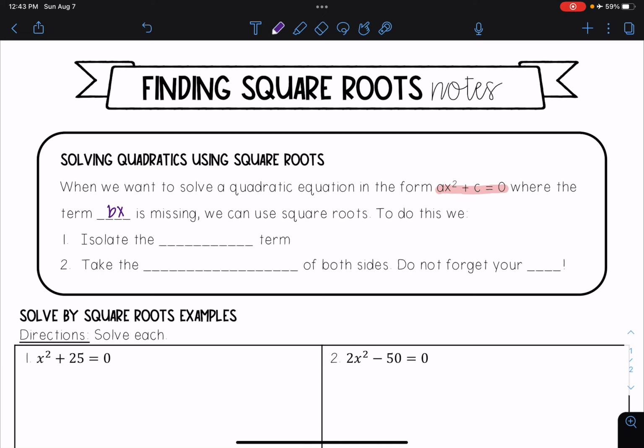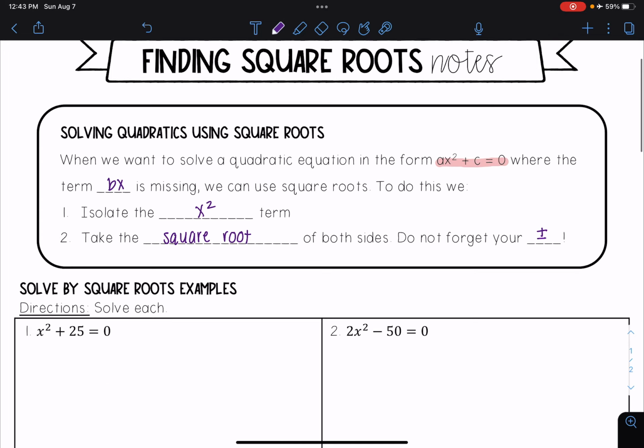When it's missing, the steps are to isolate the x squared term, and then take the square root of both sides. As we remember from our previous lesson, we need to make sure we do not forget the plus minus sign in front of our answer.